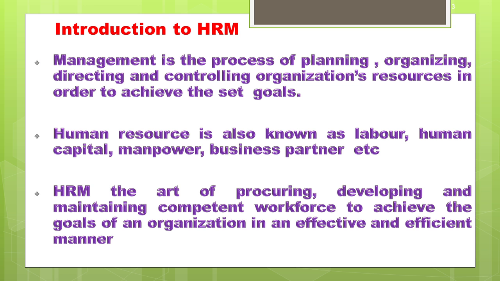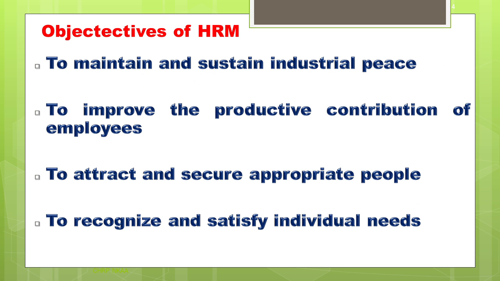And so when you look at the objectives of human resource management, one of the objectives it tries to achieve is to maintain and sustain industrial peace, that we have good relationship between management and employees. Also, to improve the production of employees that you have. Make sure that you get the best out of the people you have in your organization.